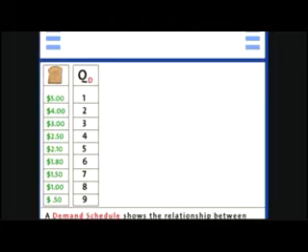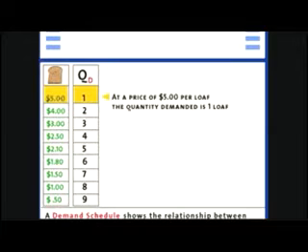So when the price of bread is $5 per loaf, this particular household will buy 1 loaf of bread per week. If the price falls to $4 per loaf, holding constant everything else, the household will now increase the quantity demanded to 2 loaves of bread per week.